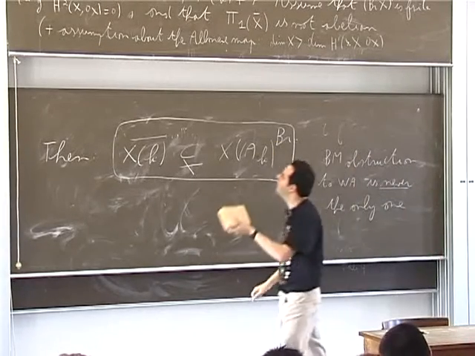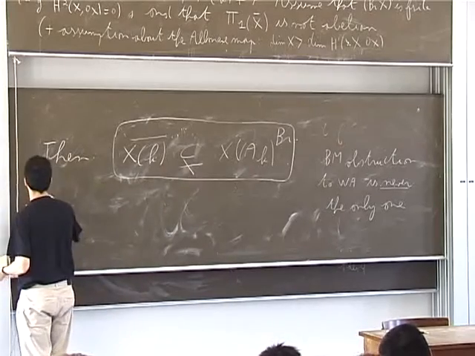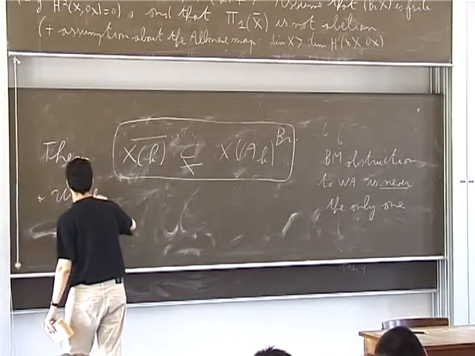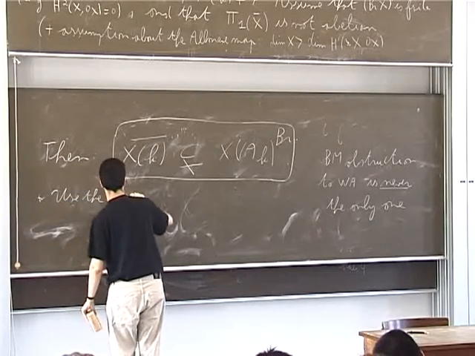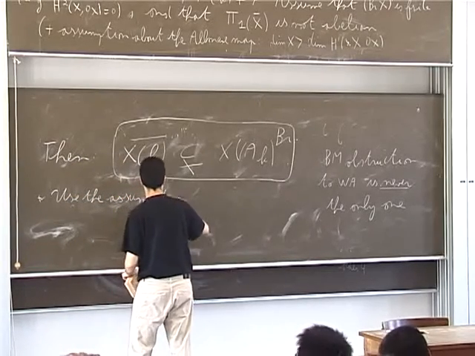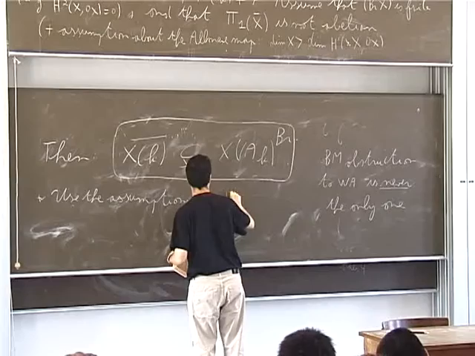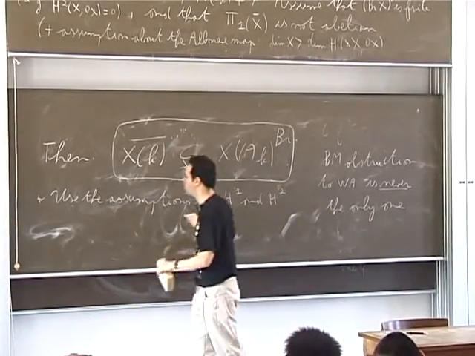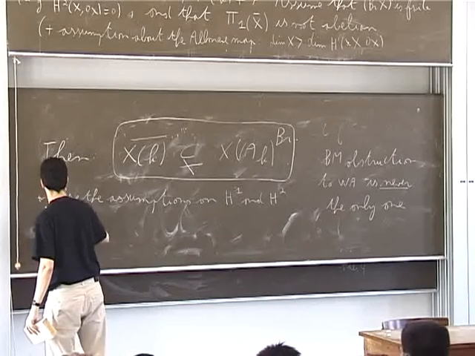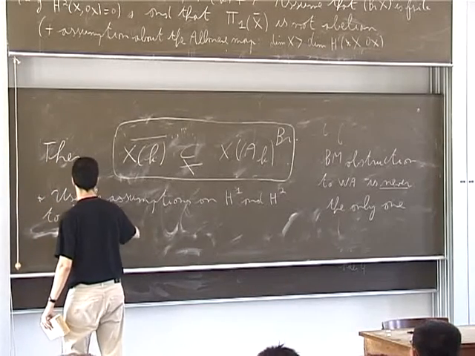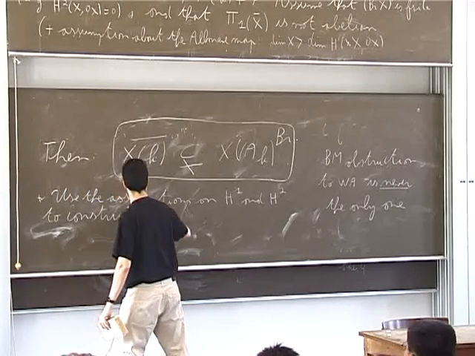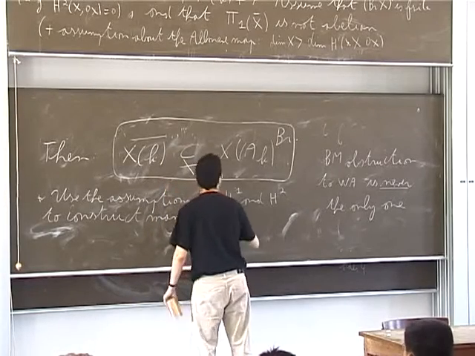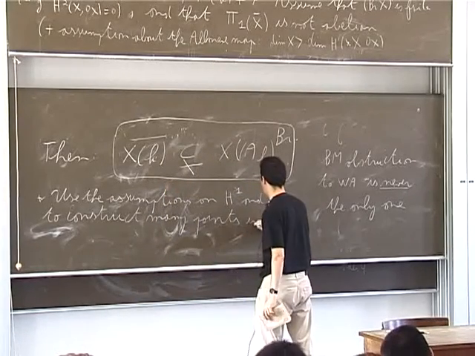And what are the ideas? Well, the first thing is that you use the assumptions on H1 and H2 to construct many points in the Brauer-Manin set, this set.